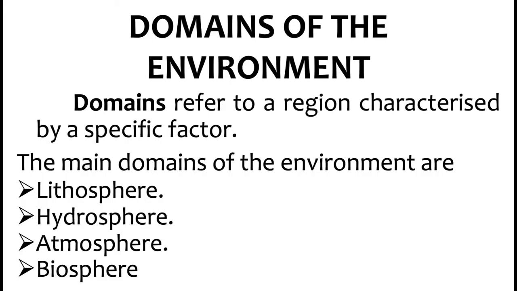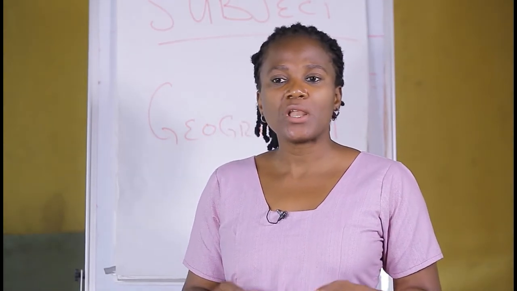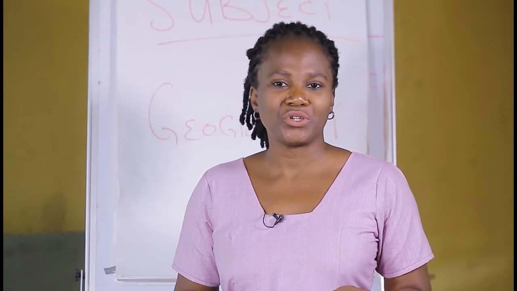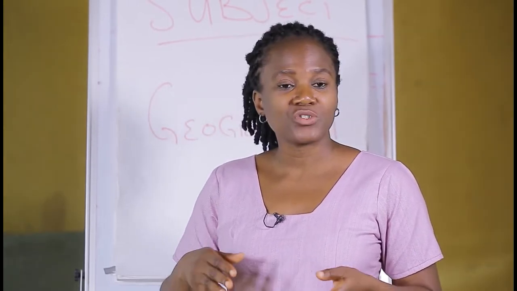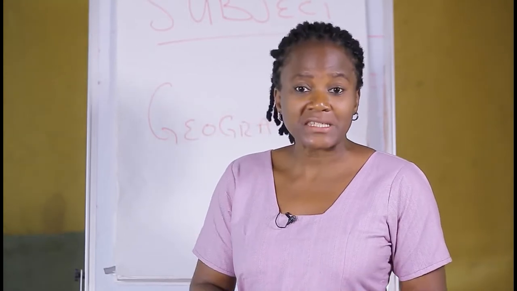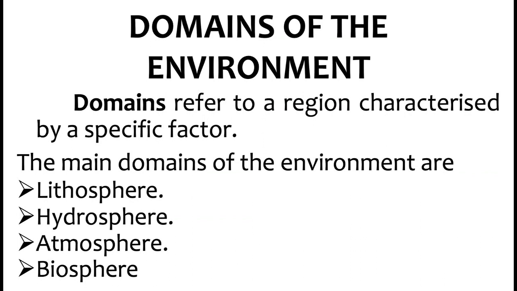They include one, the lithosphere. When we say lithosphere, we're referring to the solid part of the earth, or what we call the crust. It involves the soils, the rocks, basically in simple terms, the land. Number two is the hydrosphere. From the word hydro, we're referring to water.